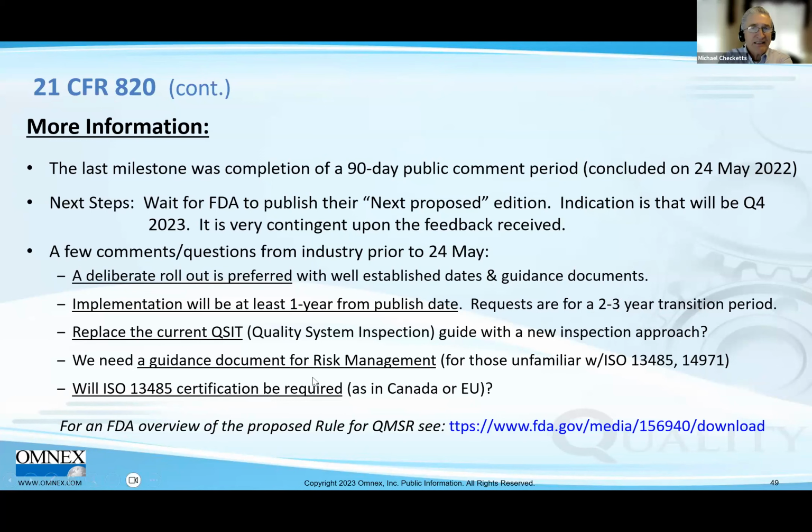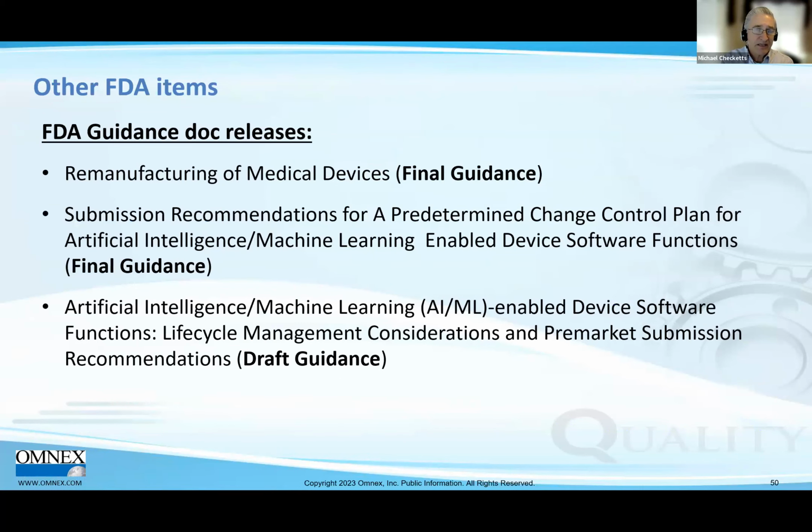FDA guidance document releases other than 21 CFR 820: there is a final guidance for remanufacturing of medical devices just issued last month. A final guidance on submission recommendations for predetermined change control plans for artificial intelligence or machine learning enabled device software functions was published, I believe, the 25th, or at least that week of last month.